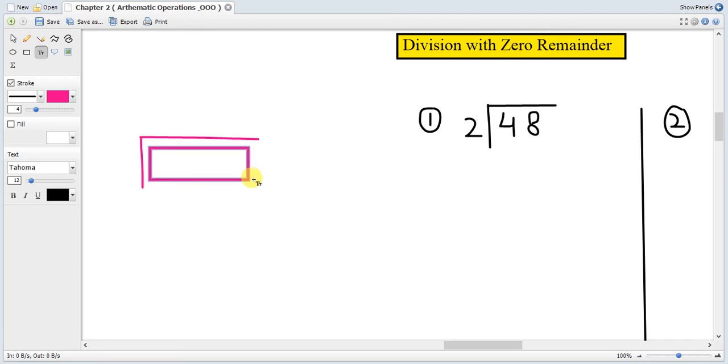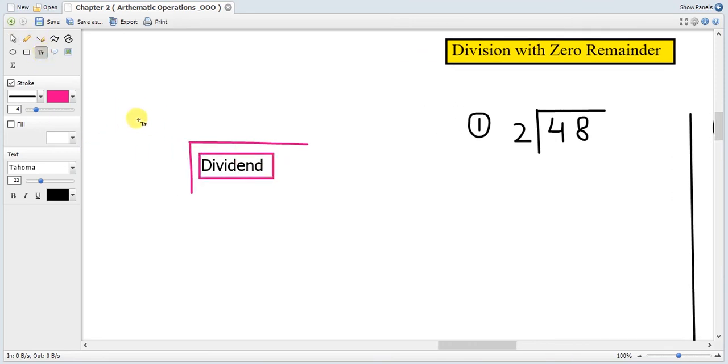And inside it, whatever value we write, its name is dividend. The value outside this sign is called our divisor.